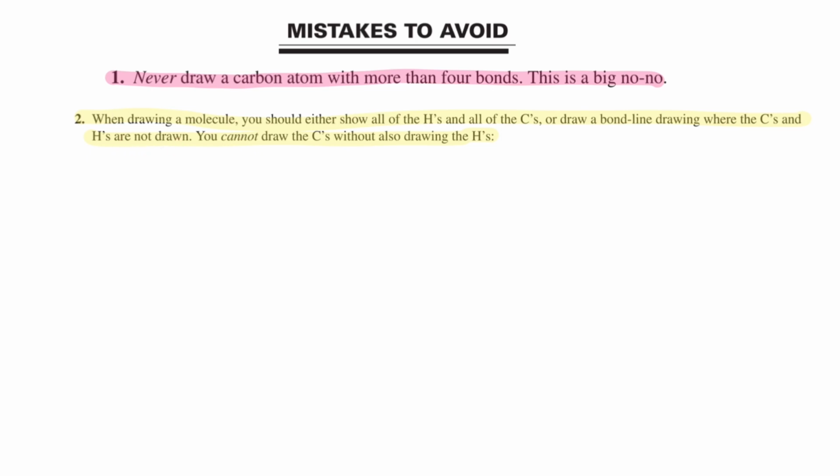So what you understood from this: either show all the carbon and hydrogen atoms in a molecule, otherwise draw a bond line structure. When you draw a bond line structure, you draw the carbon straight chain and heteroatoms in a zigzag manner. When hydrogen is bonded to a heteroatom, that must be shown.